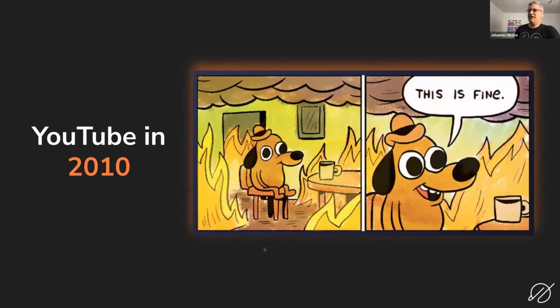Actually, not really scalable to the point that in 2010, the founders of our company were working for YouTube, and YouTube was on fire because it was running on MySQL and it got acquired by Google, and the load was just so immense that all the manual sharding and all the adding CPUs and memory came to a point where, well, it did not really work anymore.